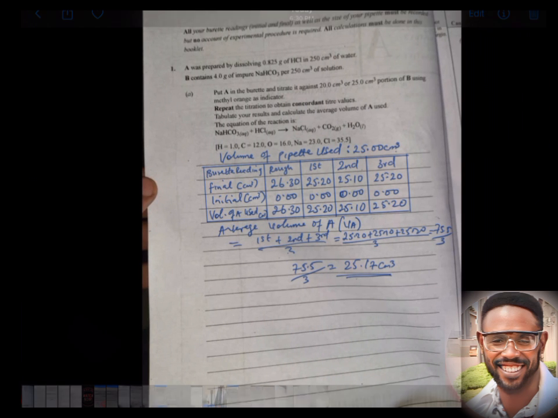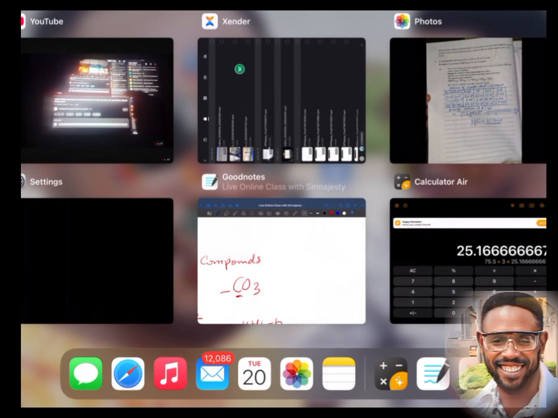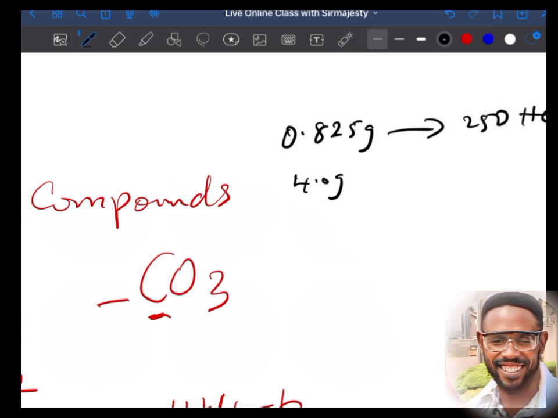This information is that A is 0.825 gram in 250 cm cube of HCl, and the other one is 4.0 gram in 250 cm cube of sodium hydrogen carbonate, but this is impure, so the carbonate is impure.